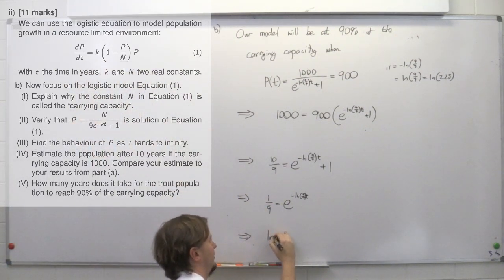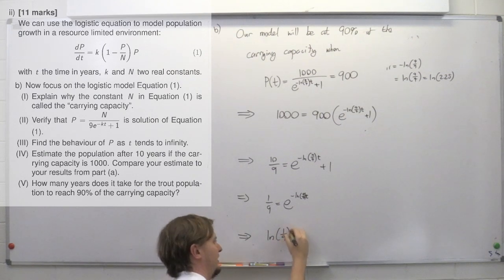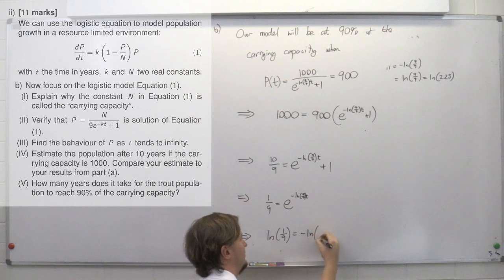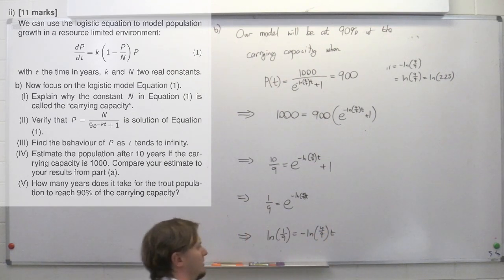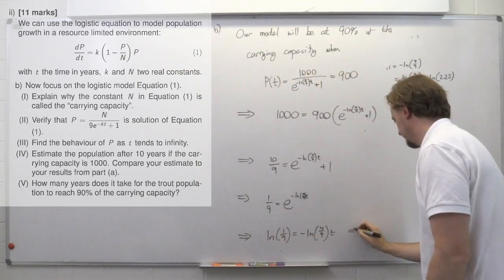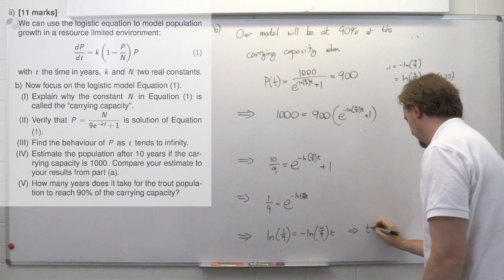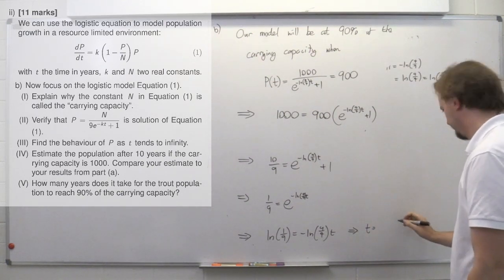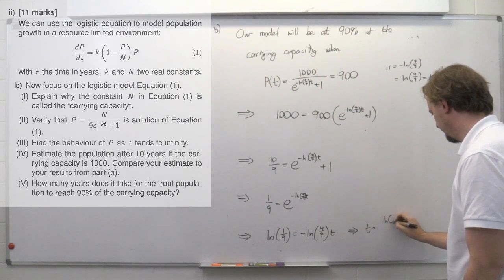So we have that the log of 1/9, which is a negative number, is going to be minus the log of 9/4 t. So this tells me that t is going to be the log of 1/9.